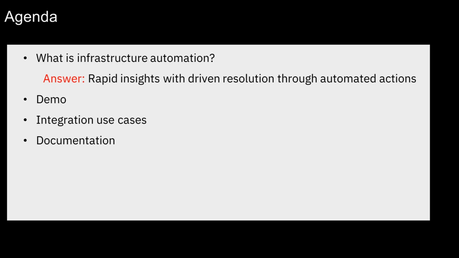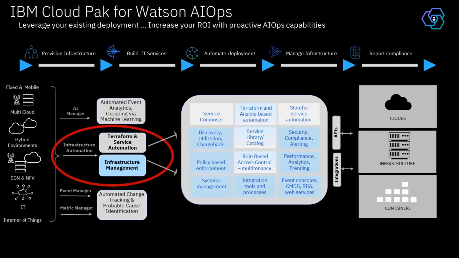So if we can start with what is infrastructure automation. Infrastructure automation is a module within the Cloud Pak for Watson AIOps. Any client with Watson AIOps license is entitled to install and use infrastructure automation. Installation is operator driven. It could be installed as a standalone or together with the Cloud Pak.